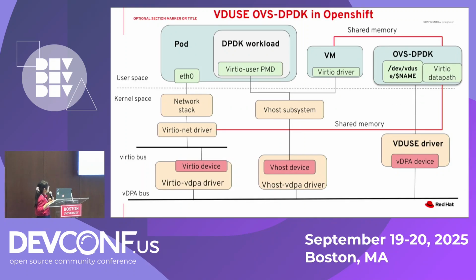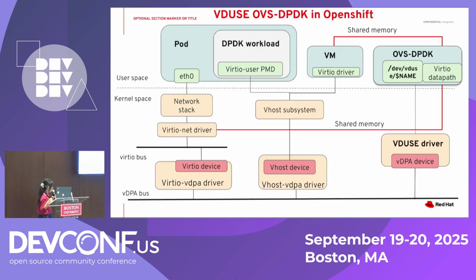And how are VDUSE, vDPA, and OVS-DPDK connected and integrated in OpenShift? Actually, in the use case of OpenShift, the VDUSE daemon is implemented via OVS-DPDK.